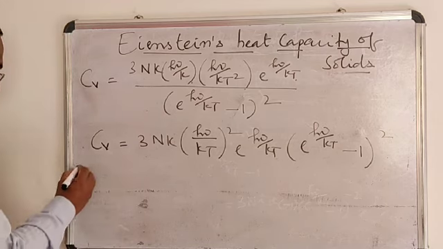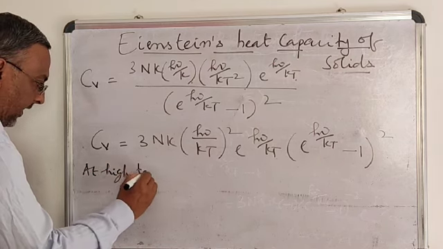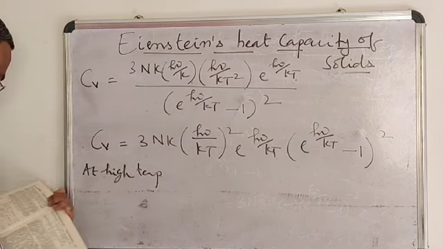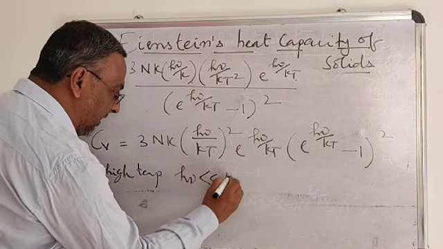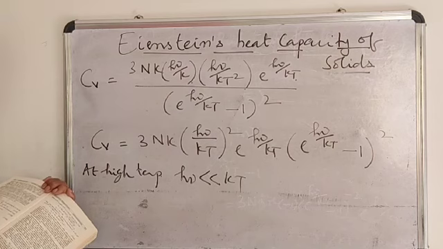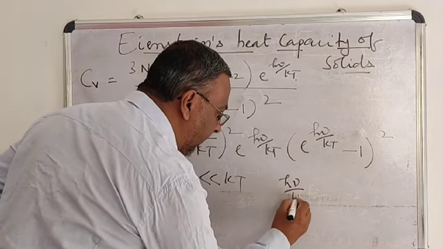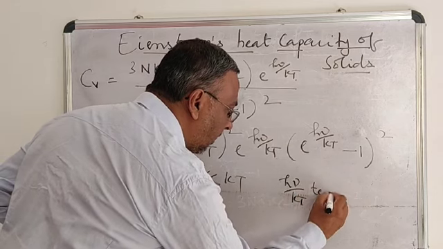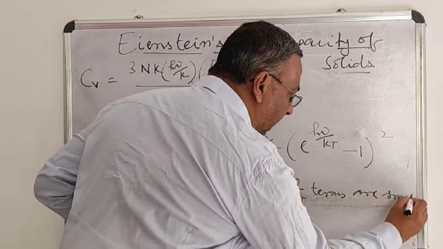For example, at high temperature, what happens? hν is very much less than kT. Then automatically the hν/kT terms are small compared to 1.